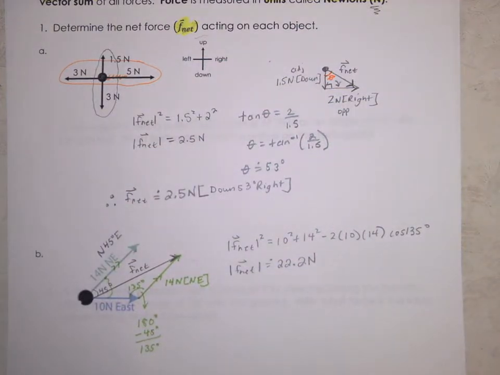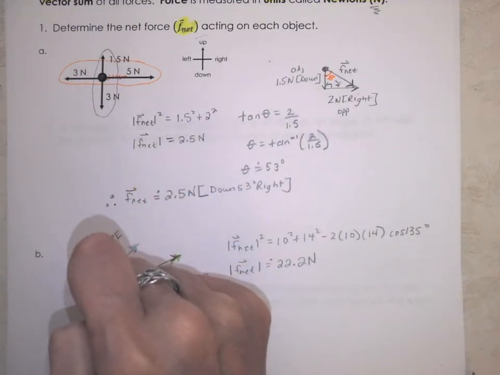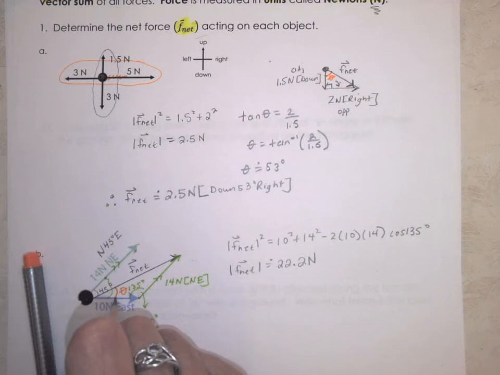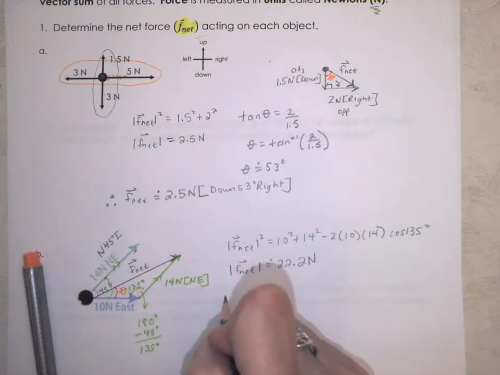But net force has a magnitude and direction, and we can see the direction is going to be in here. So it's going to be east so many degrees towards the north. So we'll find theta. We can use the sine law because theta is not going to end up being the largest angle, though 135 is.